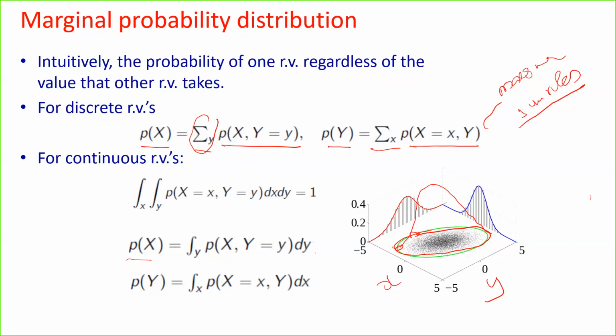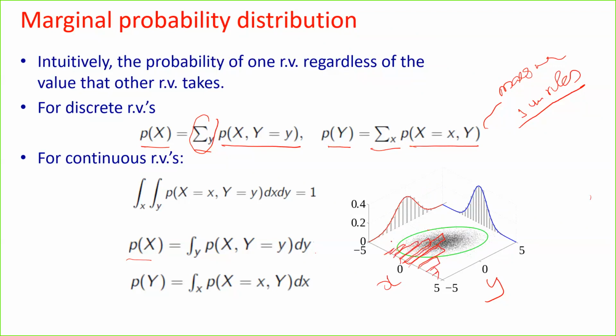If you look only at the x values, most of the points are here, and as we go this side or that side, the distribution slightly reduces. It is something like this.